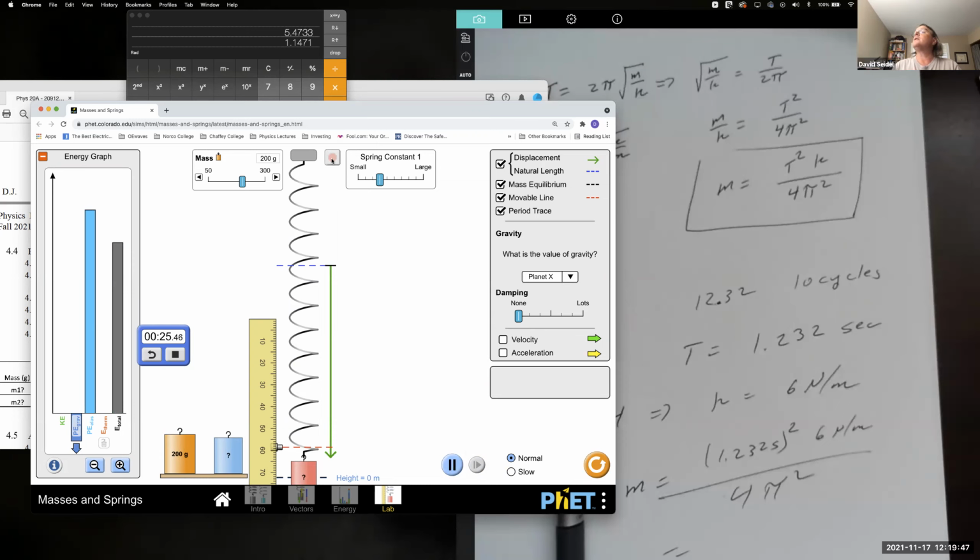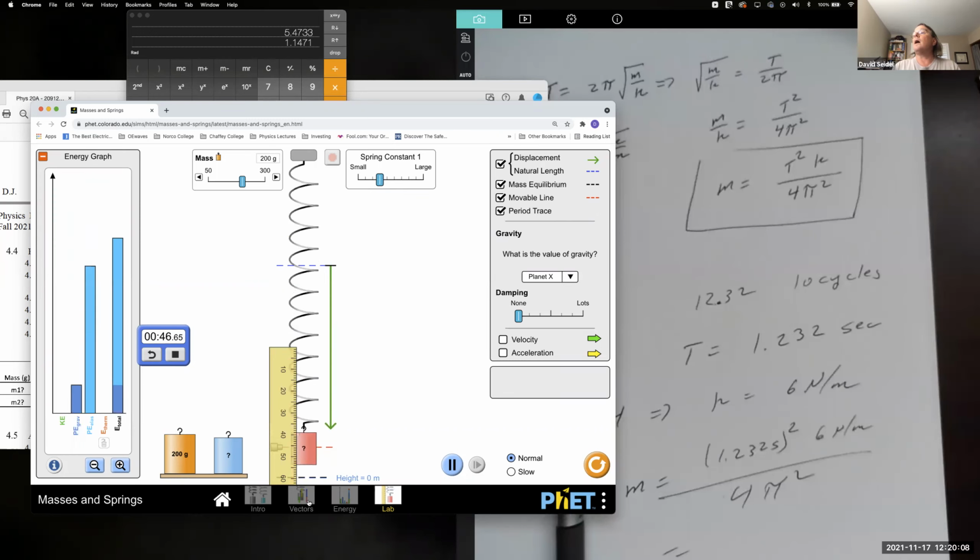This is no good. That's its equilibrium position. I can't deal with that. I've got too much. Now, I could cheat and say, I'm guessing that my spring is okay out here, so I can go from my equilibrium position, which is right there, and go up about 50 meters.